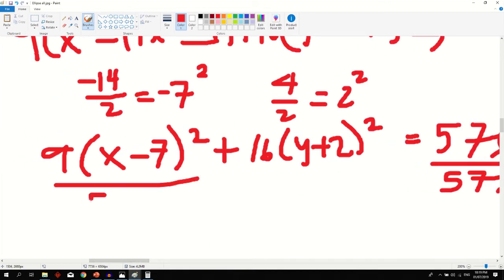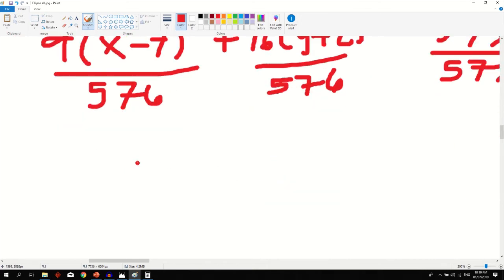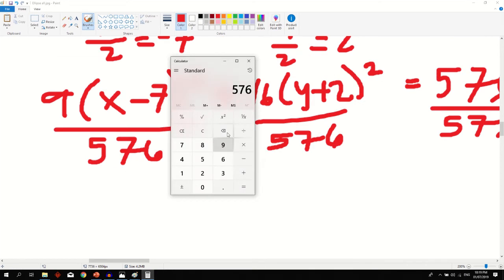We will divide this 576 in all of it. So we will also divide here 576. Now we will divide that. So 9 divided by 576, can we divide that? No. So what I do is 576 divided by 9, so 64.